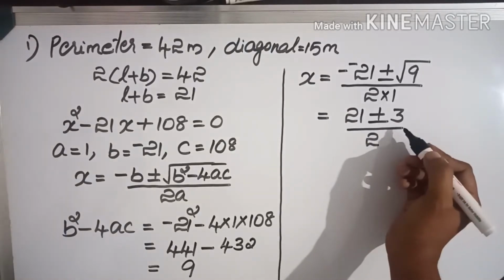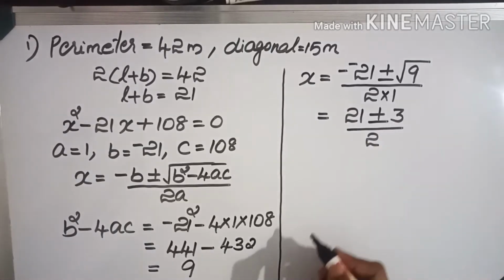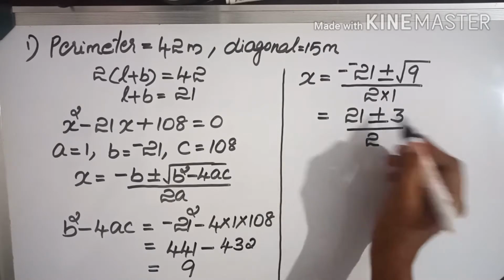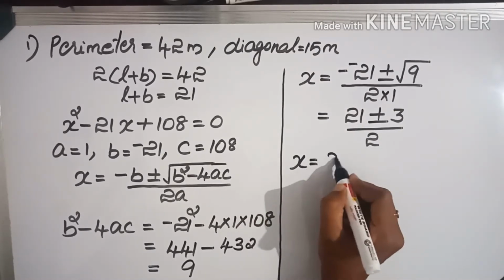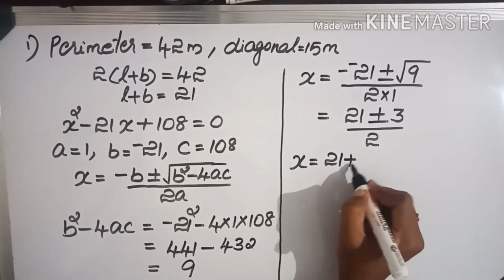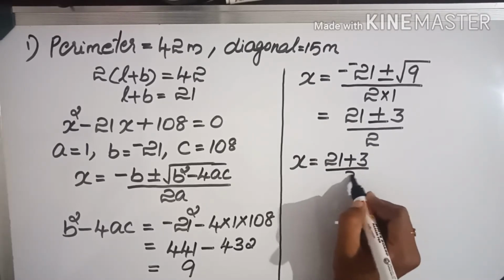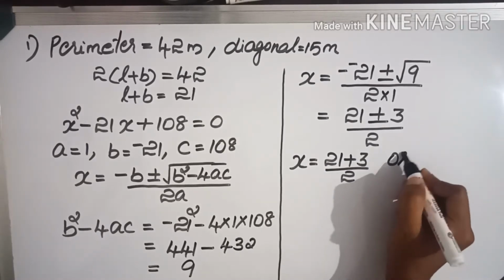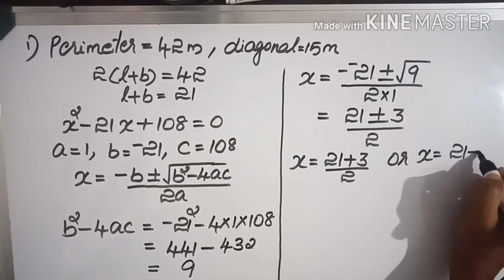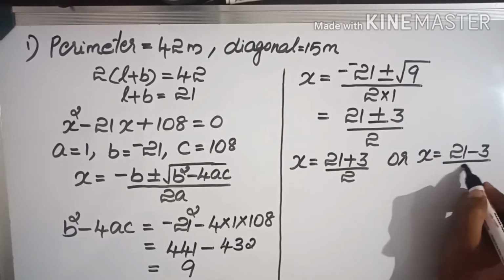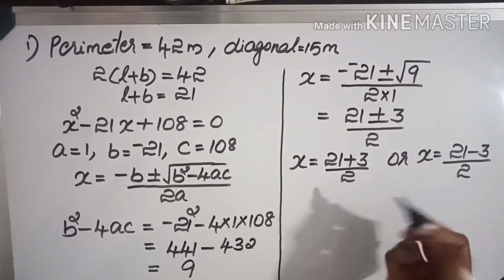From this we can split the equation into the plus and minus signs. Both we have to check. So first let's consider plus. So x is equal to 21 plus 3 by 2, or x is equal to 21 minus 3 whole divided by 2. Both are correct.